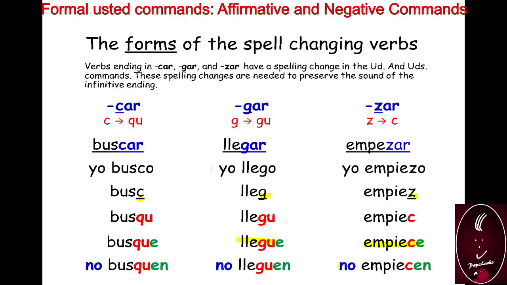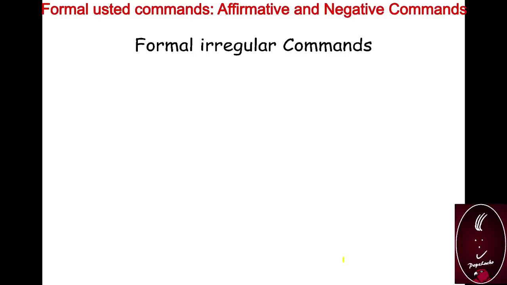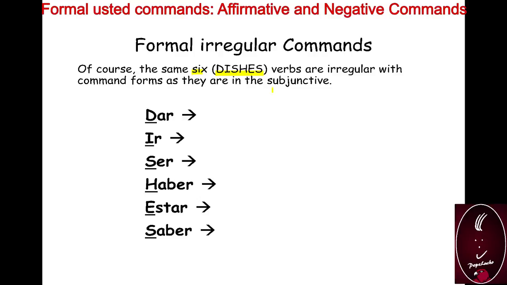For these formal commands, affirmative and negative, we have only six irregular verbs, and we call them the dishes verbs. The dishes verbs are dar, ir, ser, haber, estar, y saber.